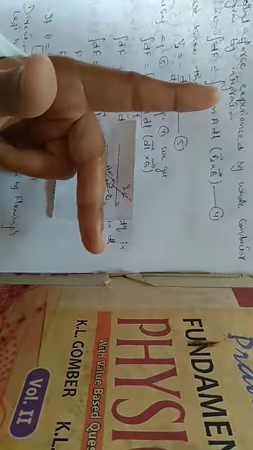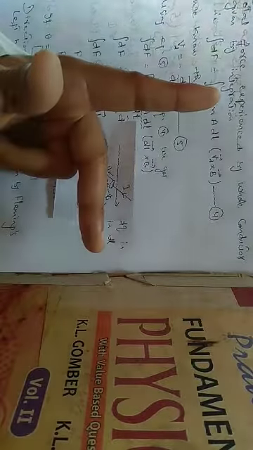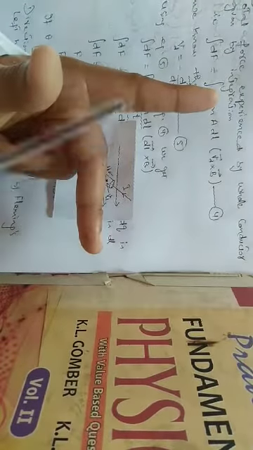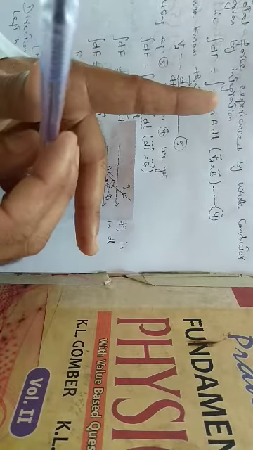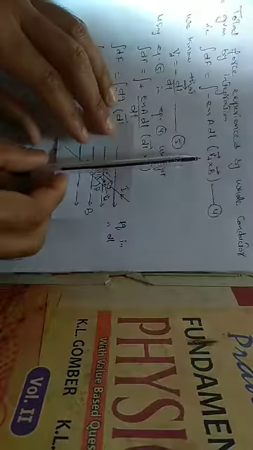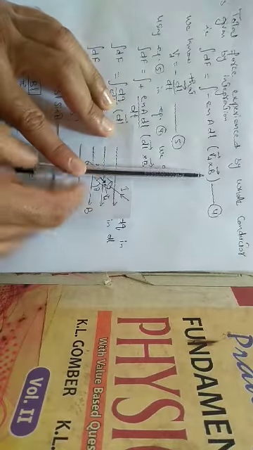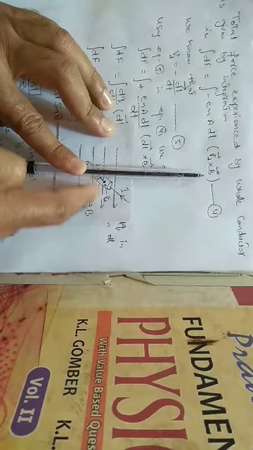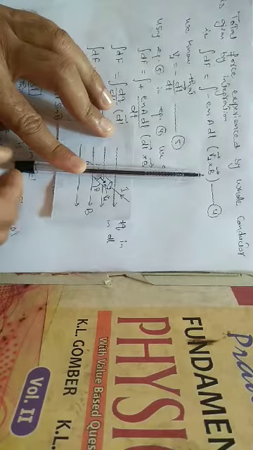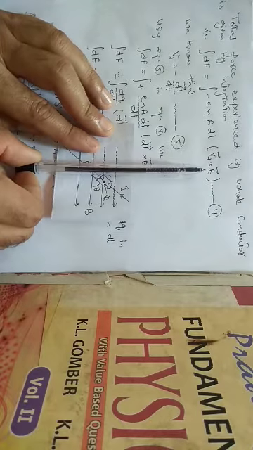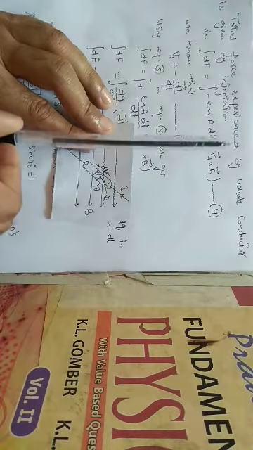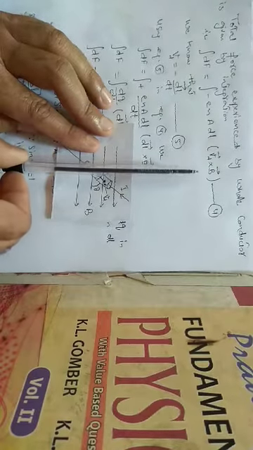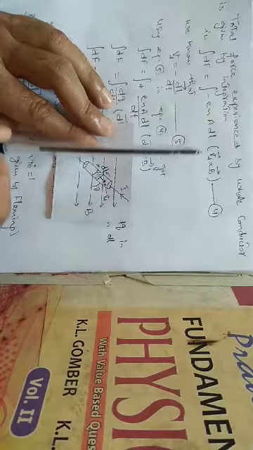Then the force experienced by the conductor will be perpendicular to this plane, meaning the plane of the paper, and outwards. If this is the conductor at 90 degrees to the magnetic field, then by applying current through it, the conductor will experience a force outwards like this. It will come upwards at 90 degrees outwards to the plane of the paper.